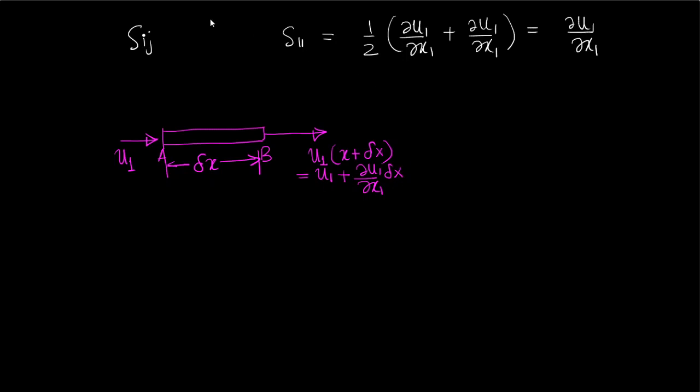This is using the Taylor series. So the velocity at point B, as we have done in the previous steps as well, will be this.